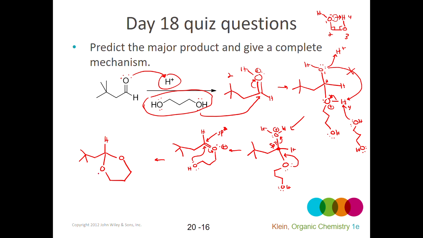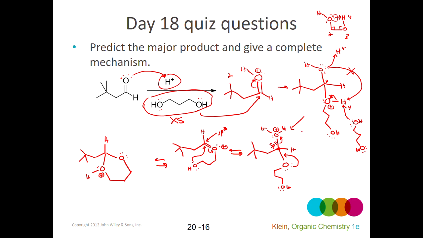This oxygen here is still protonated, so we need one more step. Something will deprotonate this. It could be another molecule that hasn't reacted yet. Probably it would be this, since if we want this equilibrium to be as product favorable as possible, we would use a large excess of this, making it our solvent. Since it's a reactant, it would shift the equilibrium forward toward the product side.